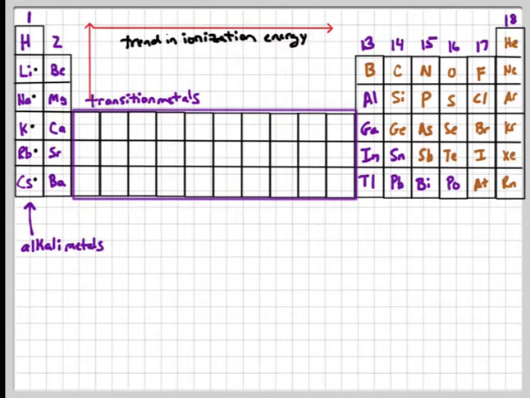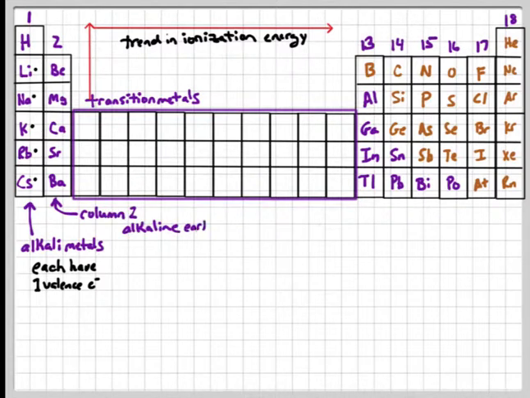Because they're the first step in the periodic table. Each has one valence electron. In the second family of the periodic table, the alkaline earth metals, we know that each of those has two valence electrons.